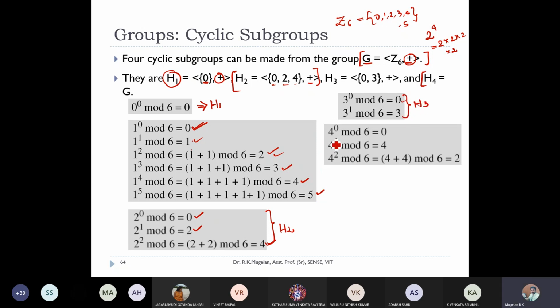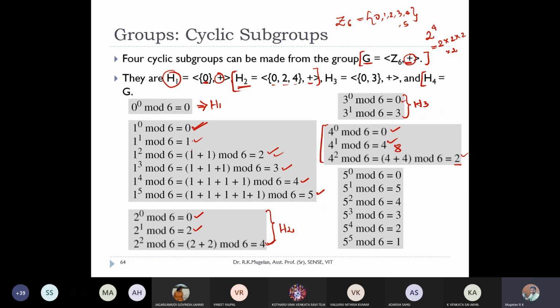For the element 4, 4 power 0 is 0, 4 power 1 is 4, and 4 power 2 is 4 plus 4, which is 8 mod 6, giving 2. Again it is the same cyclic subgroup H2, only the positions of the elements change: 0, 4, and 2. And for 5, you get the same elements as for 1. This is your H4.